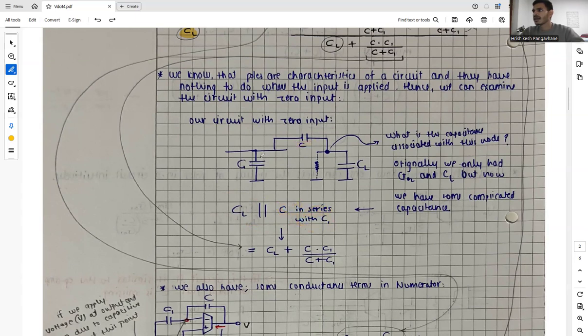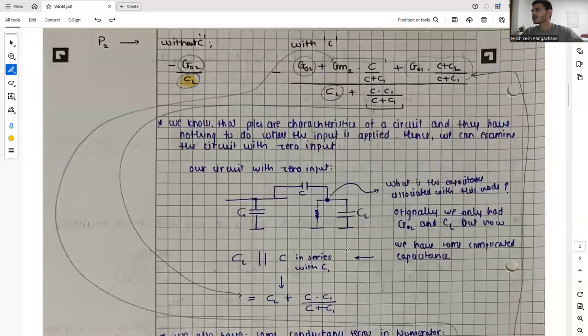So we have C in series with C1, which is in parallel with CL. So basically the total capacitance will become CL plus the voltage divider, CC1 upon C plus C1. So this is where the term CC1 divided by C plus C1 comes from.